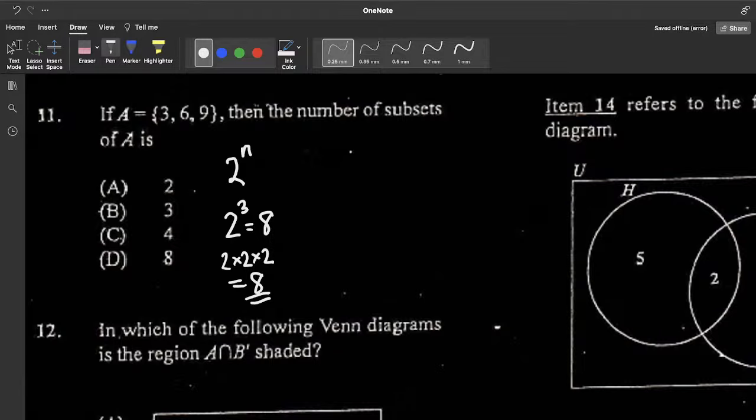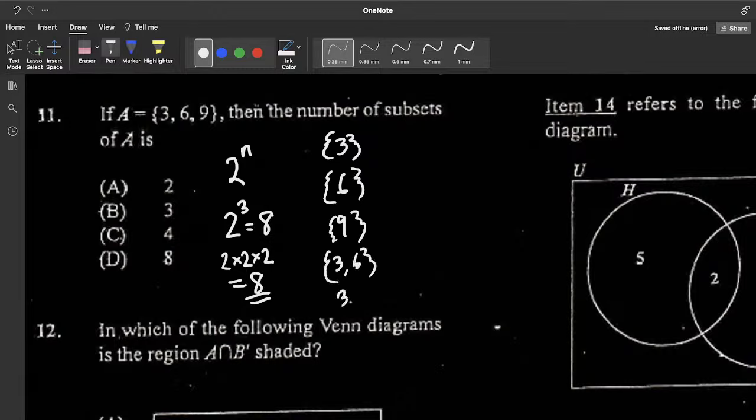Now, if you want to go and break down the subsets, remember, these are numbers that could fall, in this case, into 6 and 9. A smaller group would just be 3 alone by itself. We could have 6 by itself. We could have 9 by itself. We could have 3 and 6.